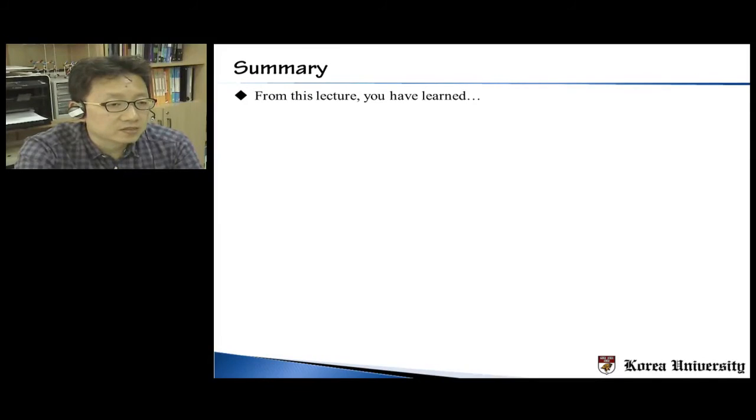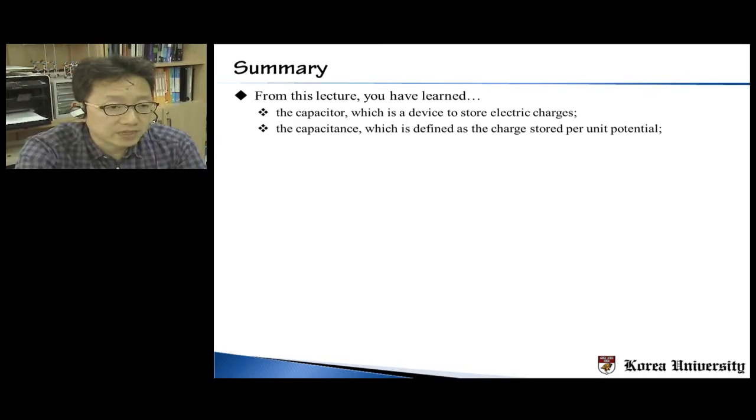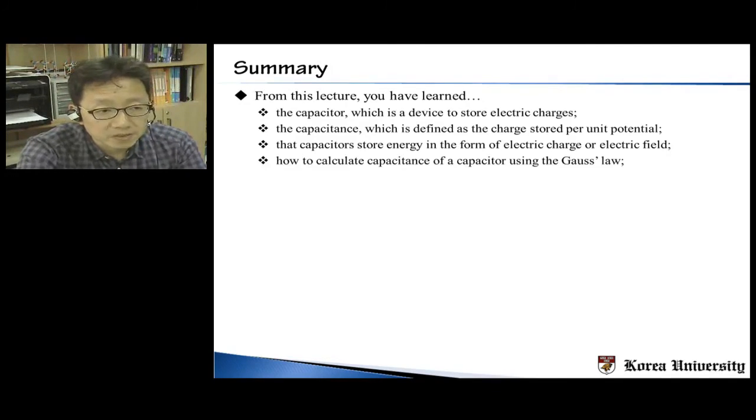Let's finally make a summary of today's lecture. Let's check whether you remember or not one by one. From this lecture, you have learned the capacitor, which is a device to store electric charges. You also learned the capacitance, which is defined as the charge stored per unit potential. You also learned that capacitors store energy in the form of electric charge or in the form of electric field. Then we learned how to calculate the capacitance of a capacitor using the Gauss law.